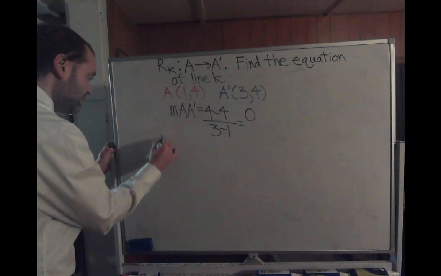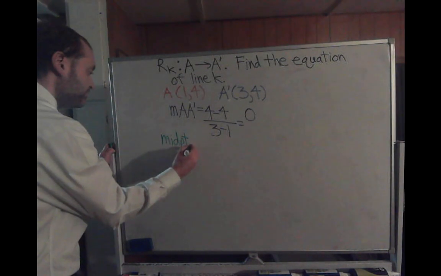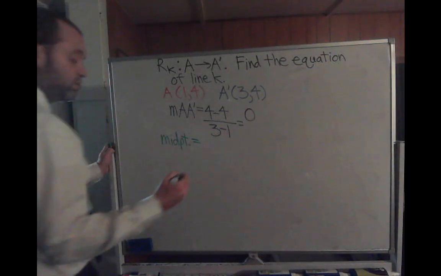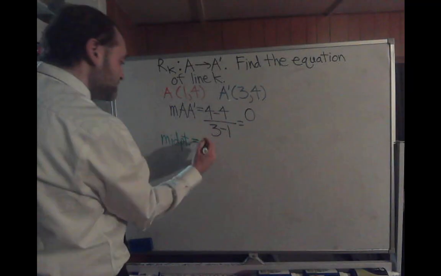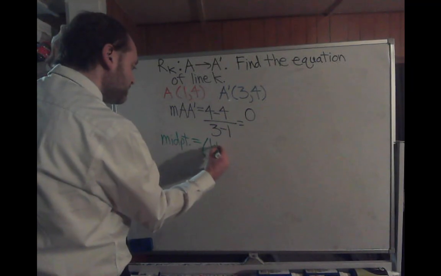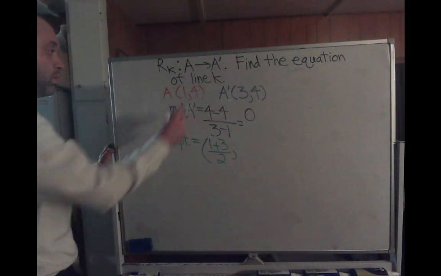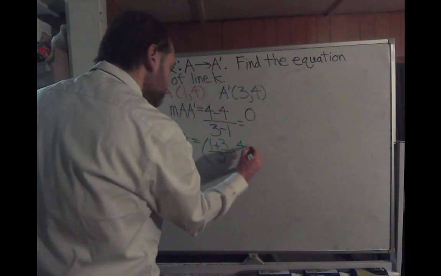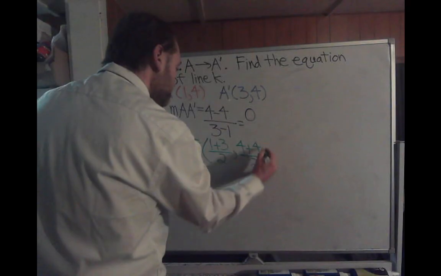So the midpoint of the segment is going to equal, you take your x1 and x2 of 1 plus 3, divide that by 2, and then take your y1 of 4 plus your y2 of 4, divide that by 2.